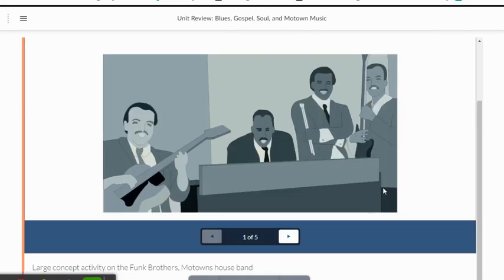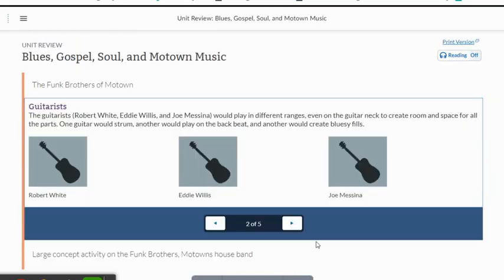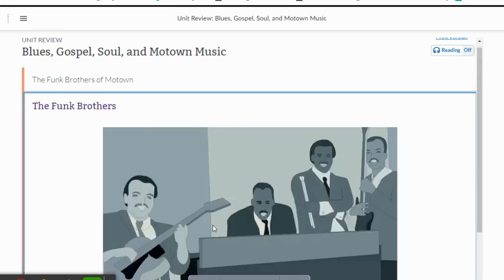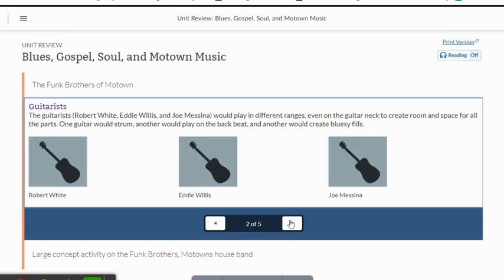All right, here's some things about the Funk Brothers. Okay, and this is kind of good, I think, because I didn't talk about this in class, but there was a lot of information about it, and so there'll be some questions about that on the test, about what they did for helping record all the different artists and who they were. Robbie White, Eddie Willis, Joe Messina. There are others, but these were the originals, and these are the guitarists, and that really has changed over the years, so this is just an artistic representation of that.